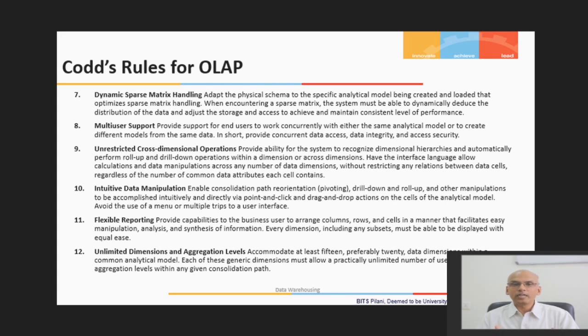For example, they may want to know the products sold at various regional levels, at the city level, the state level, the region level, and again they may want to create a hierarchy of the product, saying a product category, a product brand, or a product specific model. At the same time they would like to connect these two. For example, in a particular city, a particular model, how is it doing?